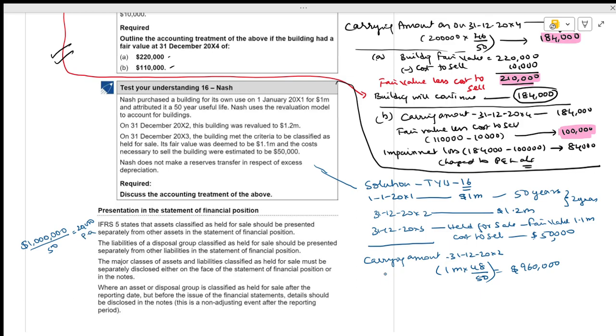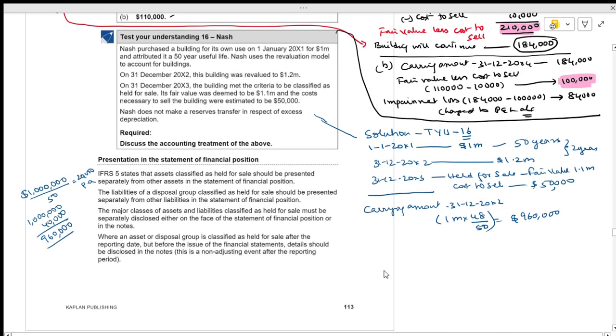For 2 years, 40,000. 1 million minus 40,000 is also the same. This is only my suggestion; if you are comfortable, you can work it out this way. How much is that? 960,000.